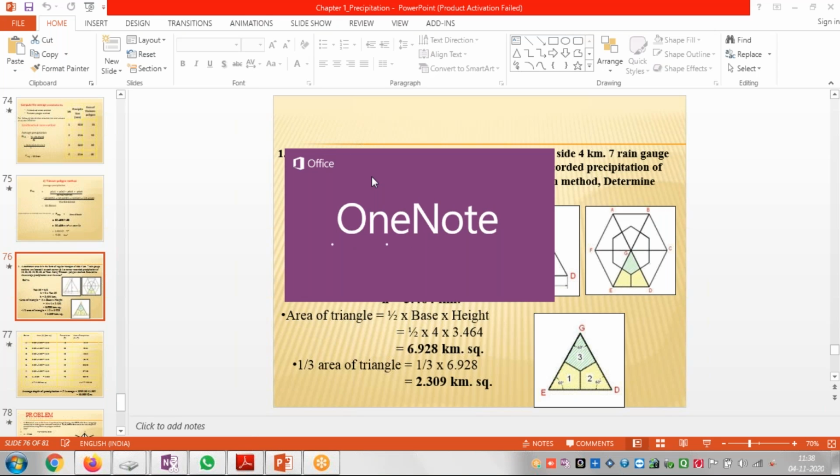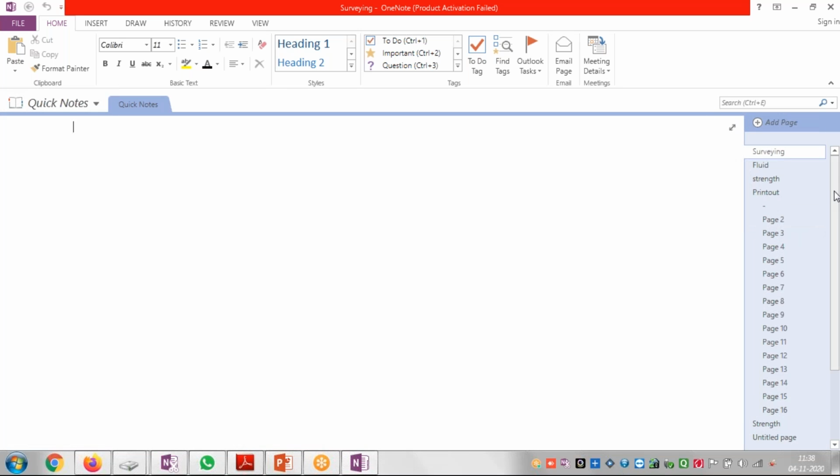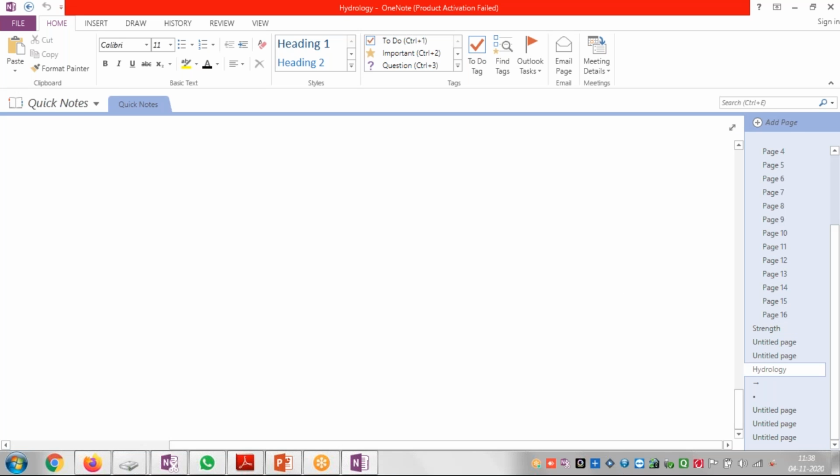Suppose in one area there are 5 to 6 rain gauge stations showing some readings. We take the average of these readings to get the average rainfall, right?